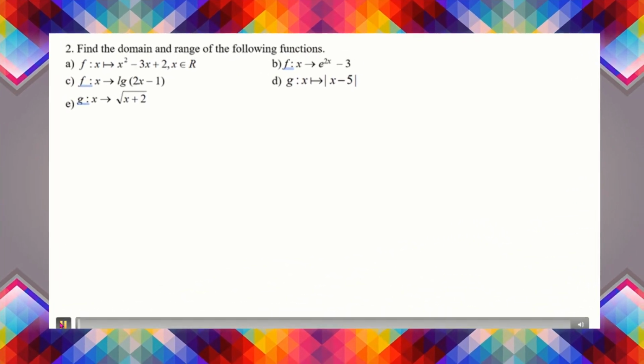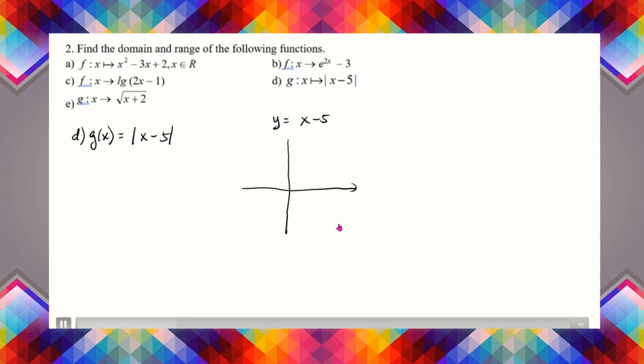Now we go to question D. Question D is a modulus function, which is g of x equals modulus of x minus 5. In order to sketch the modulus function, we start from the function without the modulus. So we sketch y equals x minus 5. It is linear.